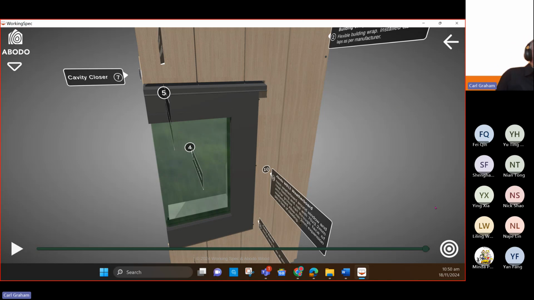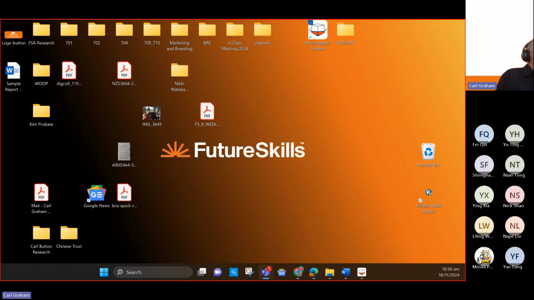But yeah, so that's just a quick way, guys. So go to working spec, and you'll probably see it somewhere online. You've got an electronic online version and you've got a software version. This is the software version. Right. Working spec. See up on the top there?